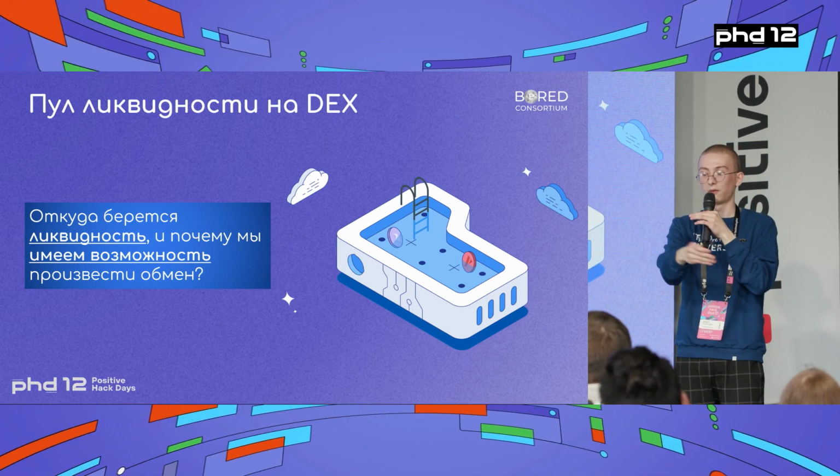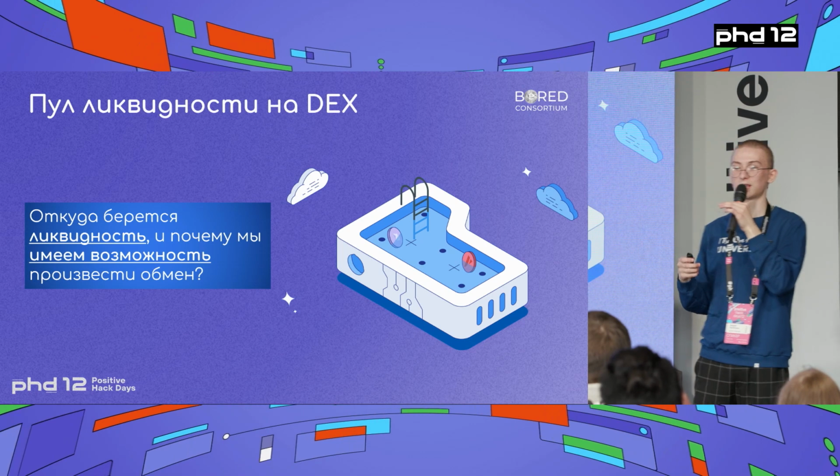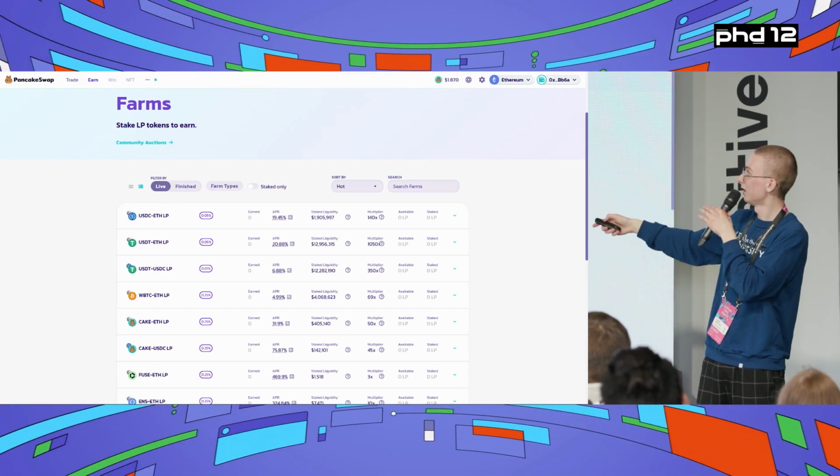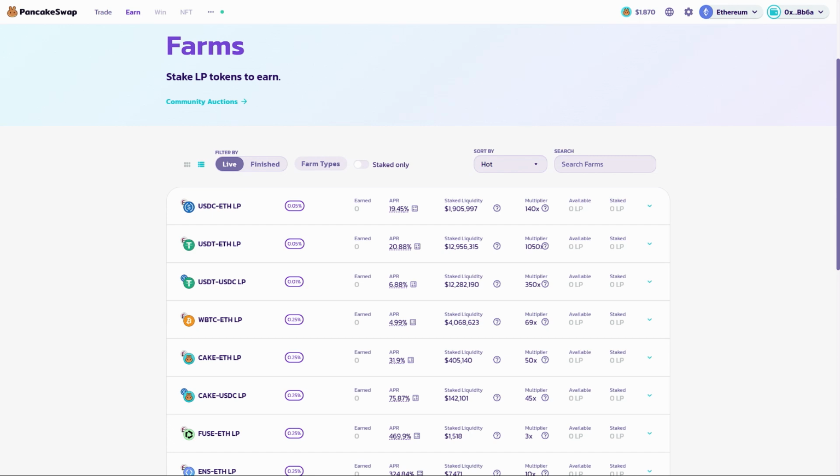How would a general user do so? I spoke about farming, that we can provide some liquidity to the service and we can actually earn some money. How do we do so? Now, here is a different service. It's called PancakeSwap. It's an exchange application. We go to the farm and we see different pools of liquidity.